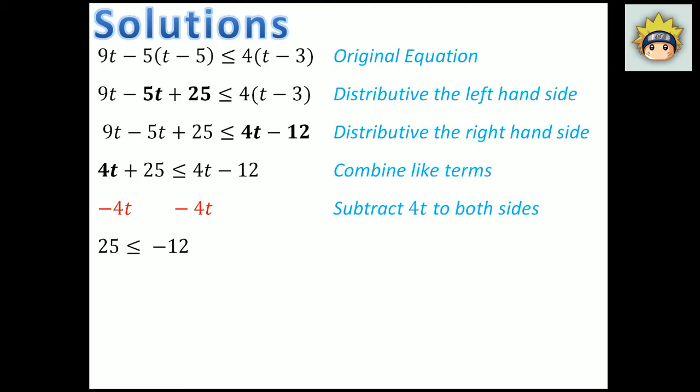I'm not going to go over it step by step because it is the same steps as before. You should notice that in the end it was 25 less than or equal to negative 12, with the same expressions as before.